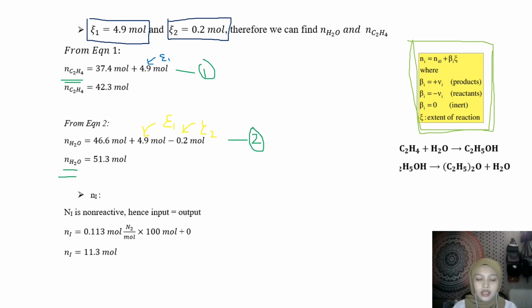So the number of mole of the inert gas at the input side is plus 0 because it is an inert gas. At the output side, this is the output and this is the extent of reaction. So for the number of mole of the inert gas, we get 11.3 mole.